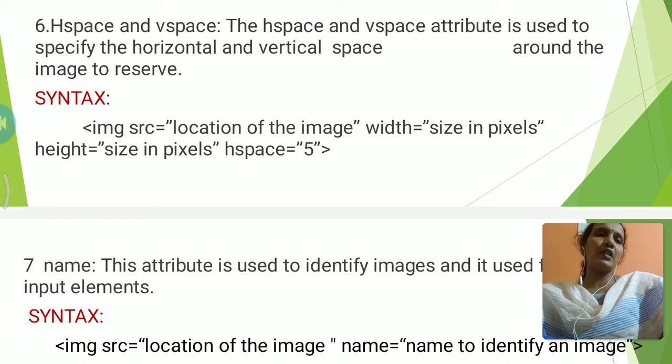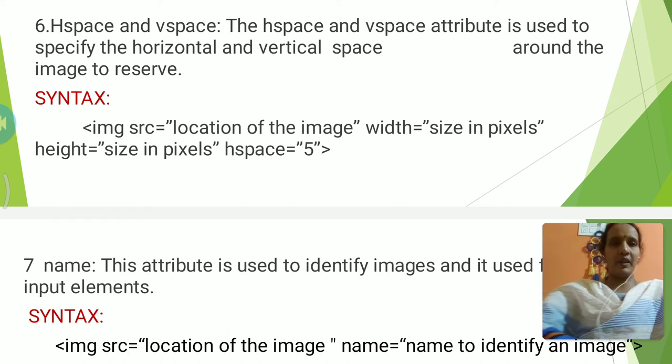And vertical space is used to reserve some space at the top of the image and at the bottom of the image. It's the opposite: hspace for the left and right, whereas vspace for the top and bottom. These two attributes are used to reserve some space around the image.